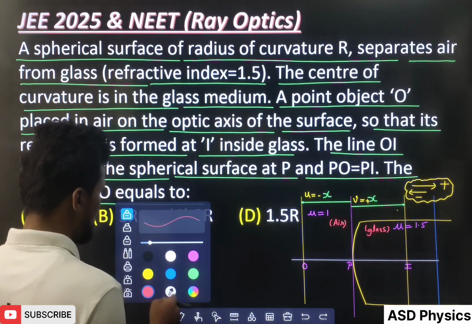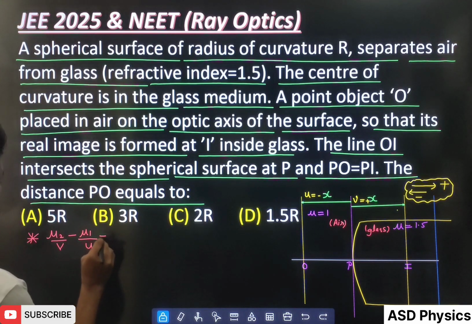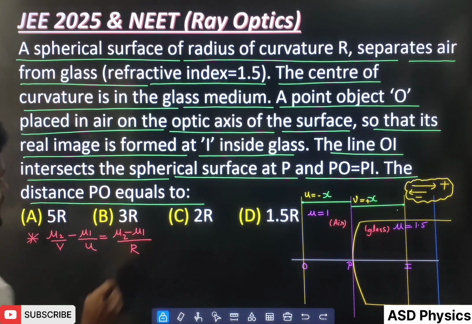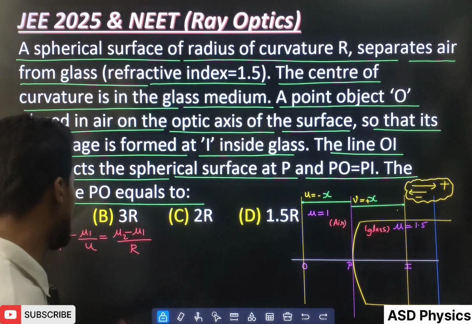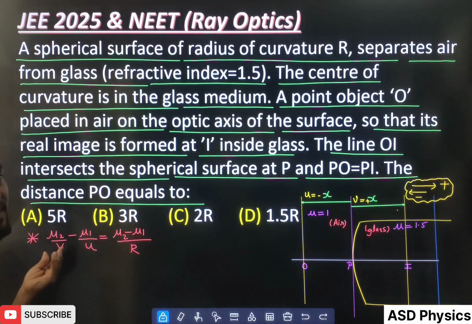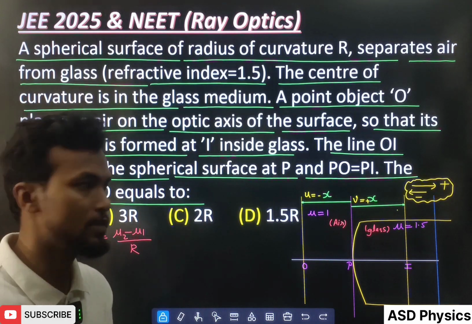After that, remember one more thing. The formula for refraction from a curved surface is mu2 by V minus mu1 by U equals mu2 minus mu1 by R. In this formula, you know very well, U is the distance of the object from the pole, V is the distance of the image from the pole, and R is the radius of curvature of the curved surface.